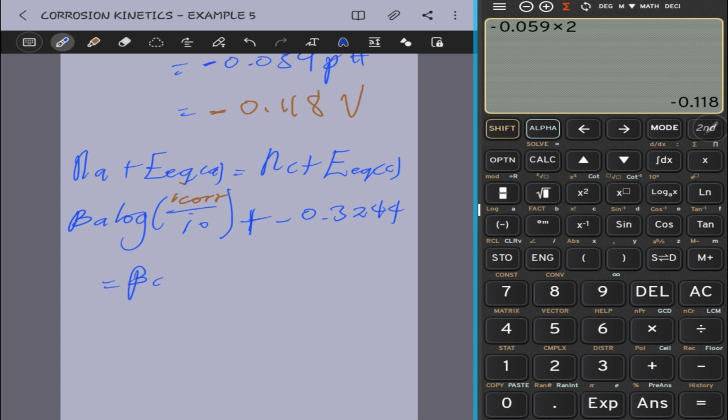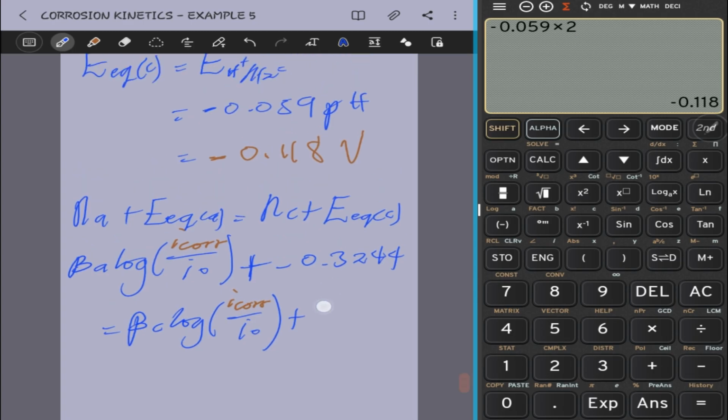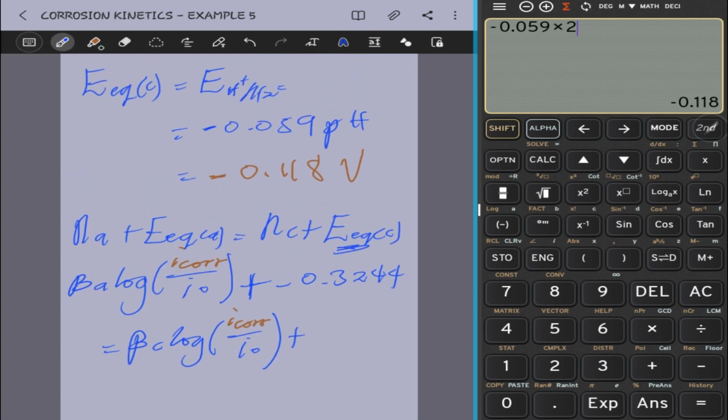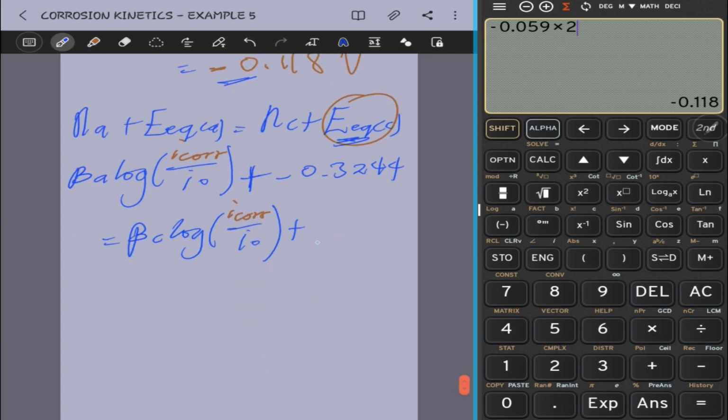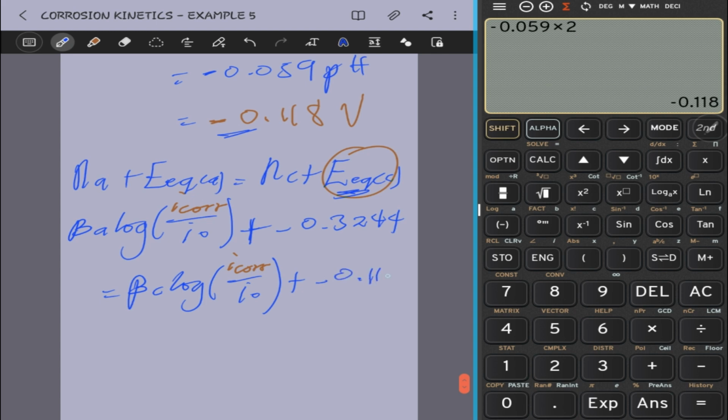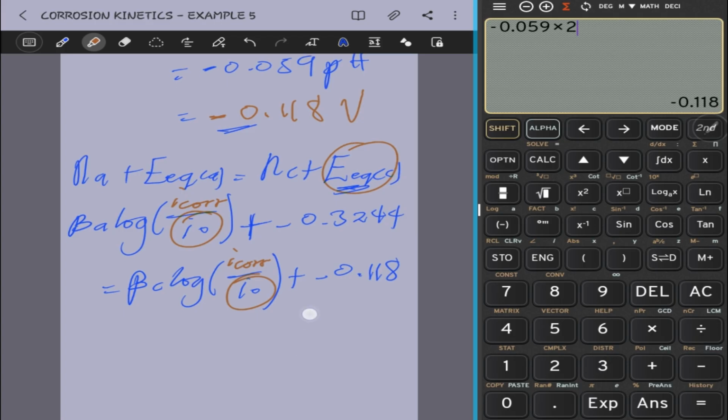So we have B_C, the Tafel constant, times log of I_corr over I_0, the exchange current density, for the cathodic, plus the equilibrium potential, which is minus 0.118. So for the anodic and cathodic, the exchange current densities are the same, which makes our work even easier.